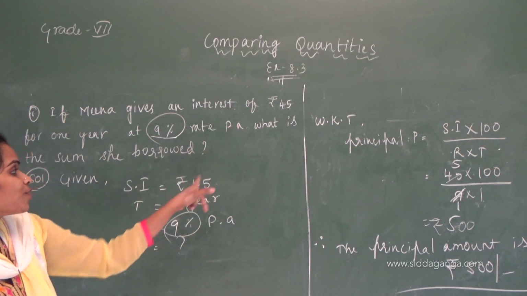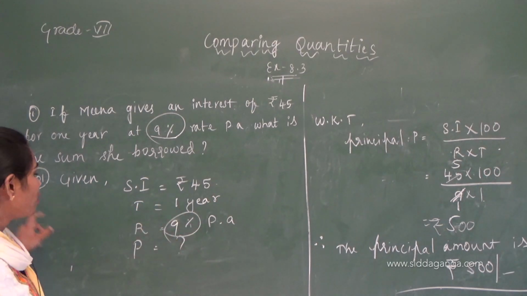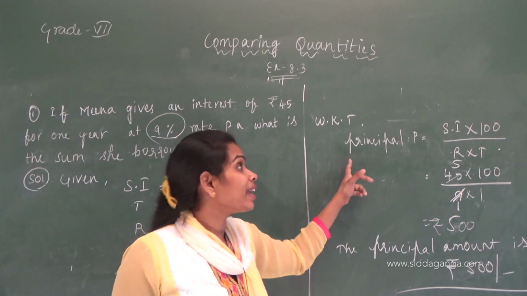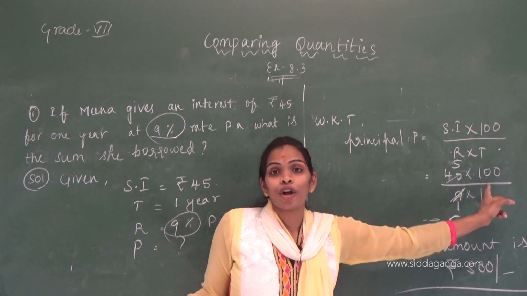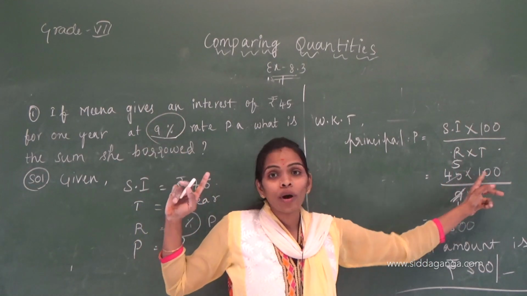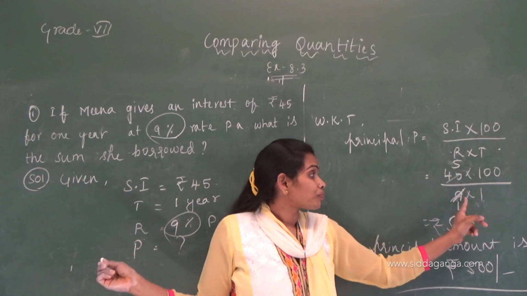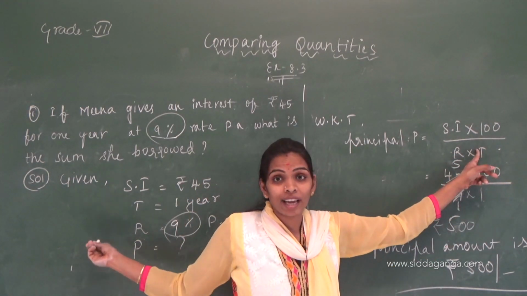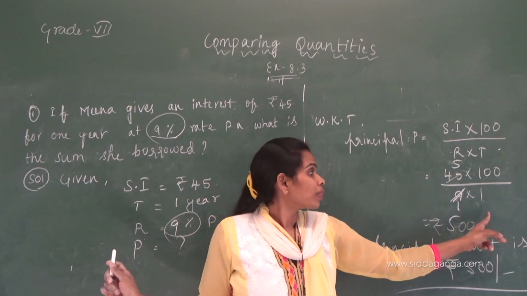Here SI is 45, time is 1 year, R equals 9%, P equals question mark. P means principal: SI into 100 divided by R into T. SI is 45 into 100 divided by R, which is 9, into time period 1 year, that's why in place of T I am putting 1.